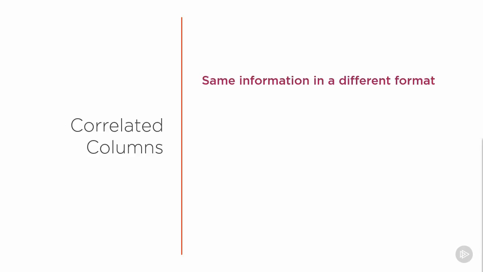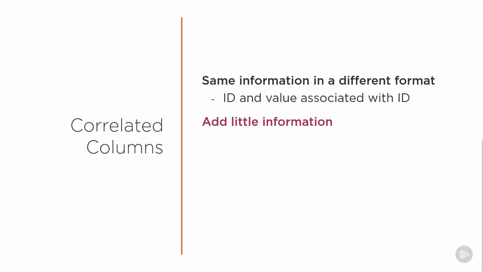Correlated columns state the same information in different ways, such as an ID and the text value for the ID. These correlated columns do not add information about how the data causes changes in the results. Worse, they can amplify a bias because some algorithms naively treat every column as being independent and just as important.